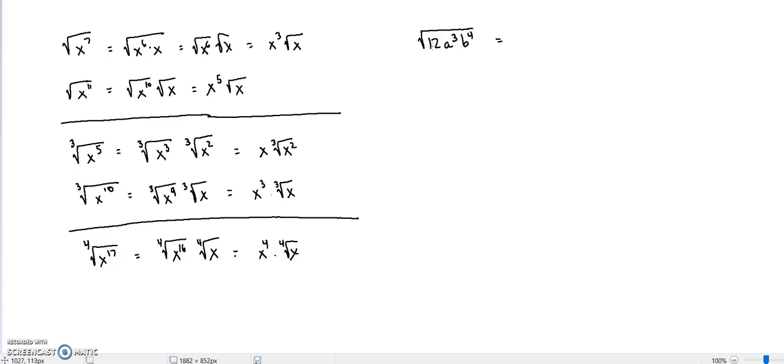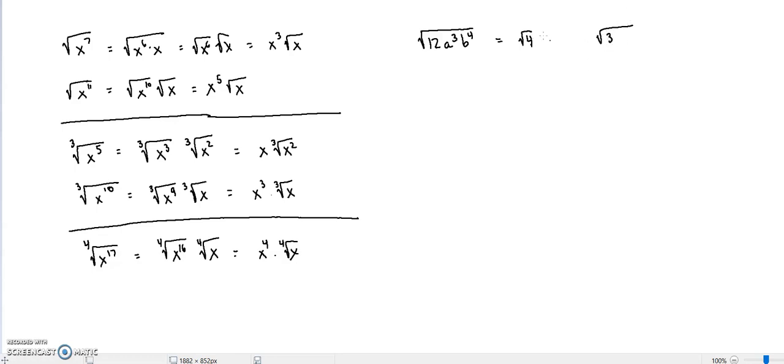So for 12, I can't take the square root of 12, but I could take the square root of 4, so I can break up 12 as 4 and 3. Now when we did this before, we put them side by side. I'm going to actually separate them. I'm going to regroup this, and I can do that because this is all multiplication. So I'm going to put the square root of 4 over here, and I'm going to put the square root of 3 over here. This is going to be like my leftover pile.